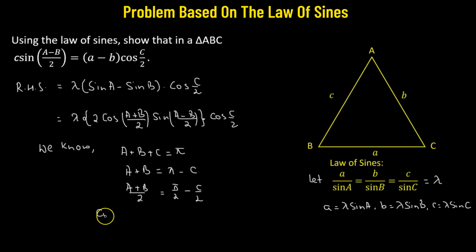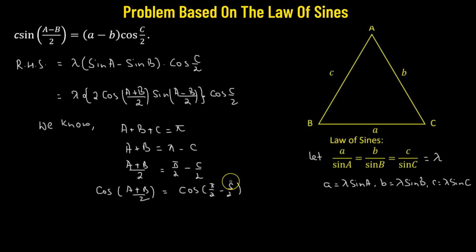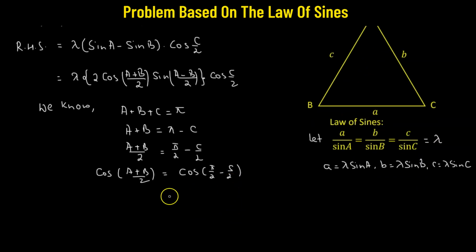So let's take the cosine on both sides. So we have cosine of (A plus B)/2 equal to cosine of (pi/2 minus C/2). Now what is the value of cosine of (pi/2 minus C/2)? That's simply sine of C/2. And this is going to be positive because we are in the first quadrant.